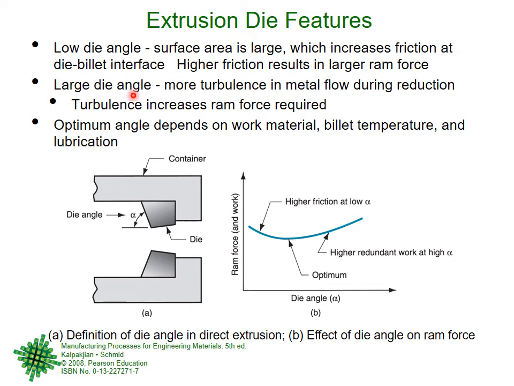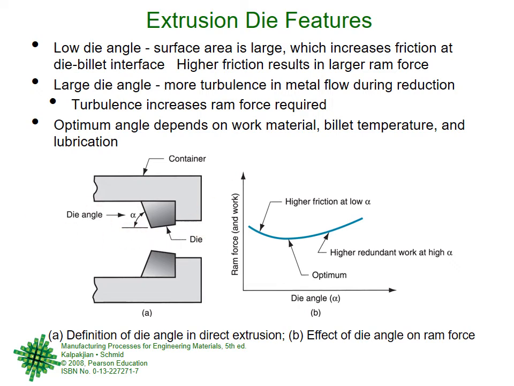If there is a large die angle, then there can be a lot of turbulence in the metal flow. The metal is coming like this and then like this and then going out like this. So the metal is flowing, metal flow lines, just as we showed you in forging and so on.